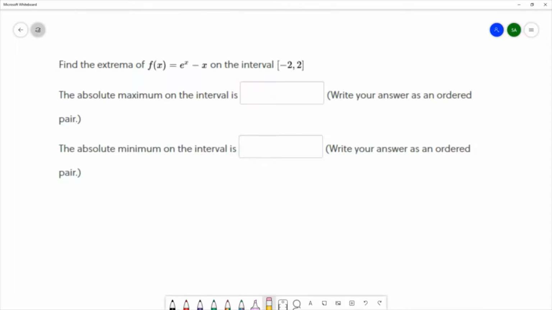We do have a theorem called the extreme value theorem that says as long as you have a continuous function on a closed interval, then you're guaranteed to have both an absolute min and an absolute max. This function is continuous, and we do have a closed interval, so we will be guaranteed to have both of these extrema.